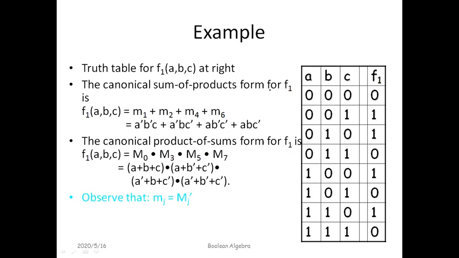The canonical sum of products form for f1 is, so we are starting with the sum of products, f1 abc is equal to sum of products. We consider only where the output is 1.